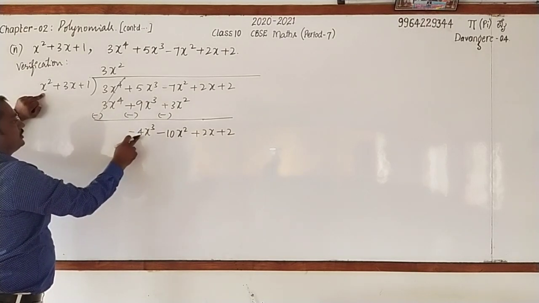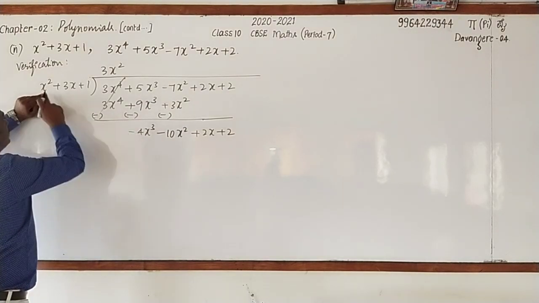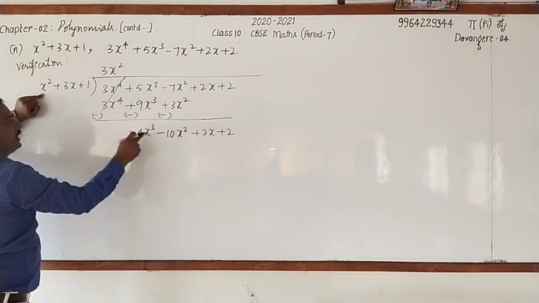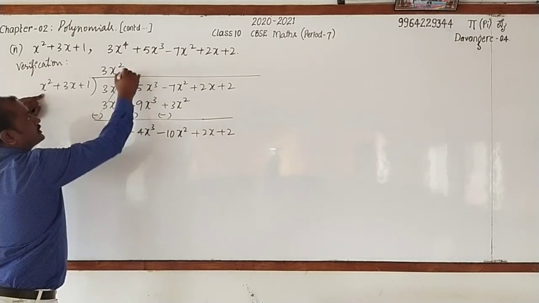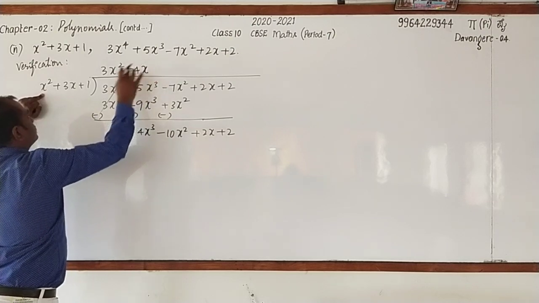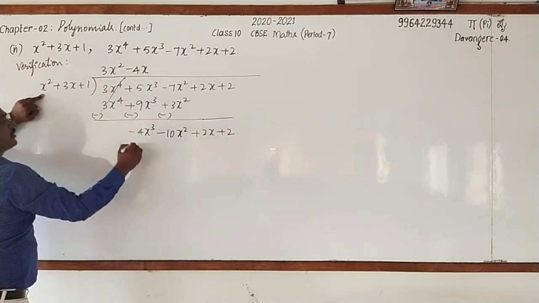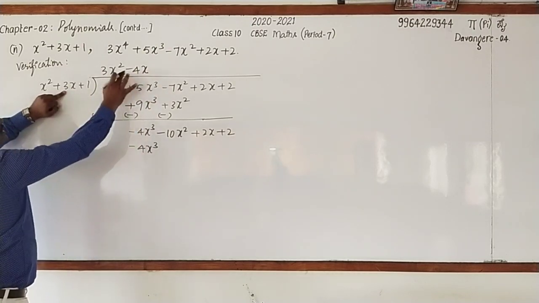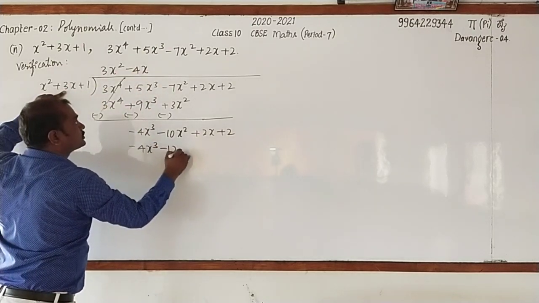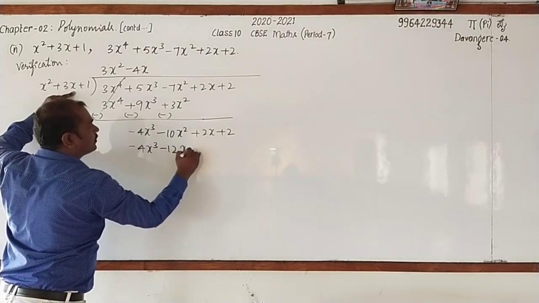Next, equalize first term of this divisor and this dividend. What should be multiplied with x square to get minus 4x cube? It is minus 4x. Minus 4x into x square, minus 4x cube. Minus 4x into plus 3x, minus 12x square.